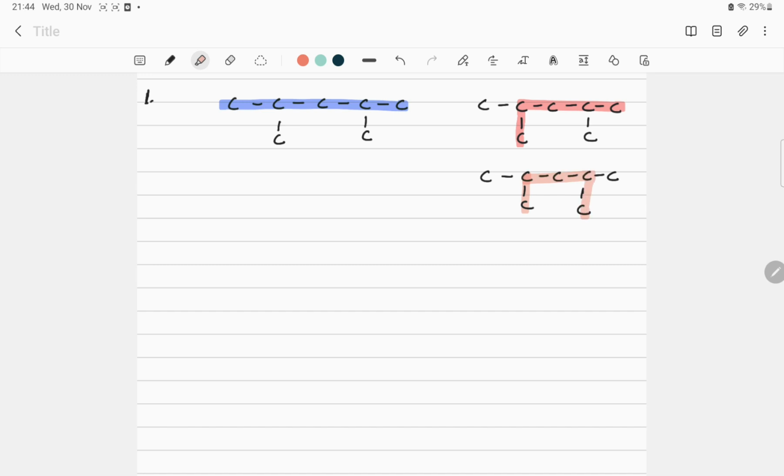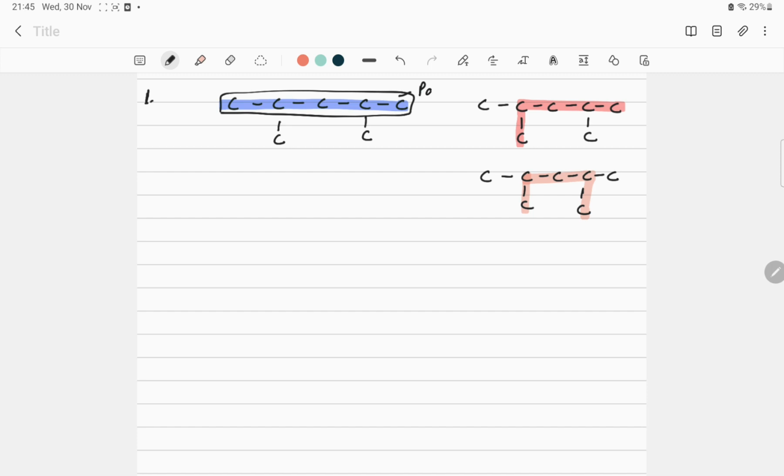Again 5 carbons, the longest continuous chain. So any of these chains may be selected. Let's start with this. Say we selected this as the parent chain. So the first step is done: select the longest continuous chain as the parent chain.